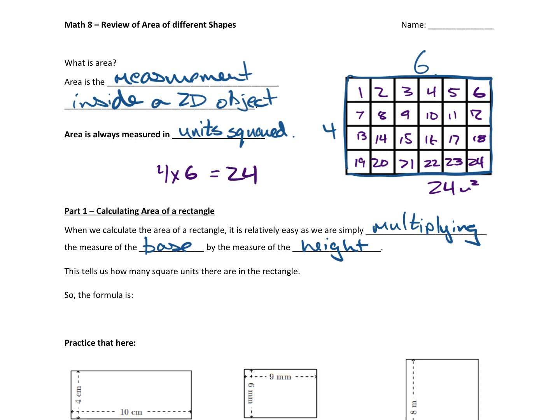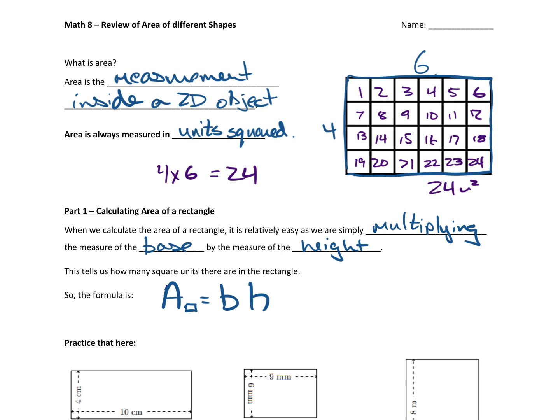So if I think of my formula for area as area equals base times height, and this is area of a rectangle, I'm going to put that little notation there. Area of a rectangle equals base times height. Then all I need to do each time I have a rectangle is multiply the measurement of one side by the other side.